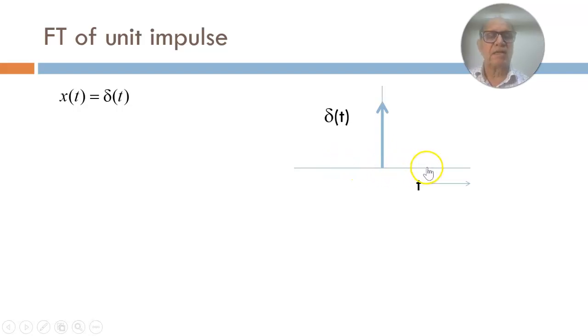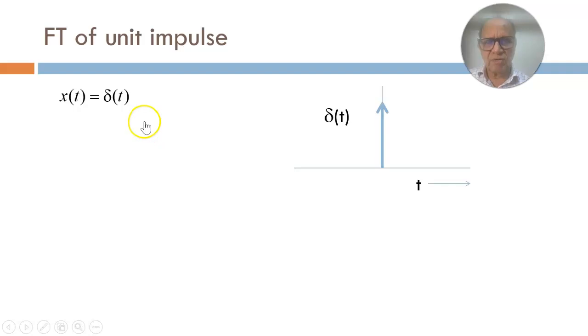After t equal to 0, again it's 0, and at t equal to 0 it jumps to infinity and comes back in 0 time. So this remarkable signal is called a unit impulse. Now if you integrate this over all times, or in fact just before the impulse occurs and just after it has ended, the area under this is unity. That is why it is called a unit impulse.